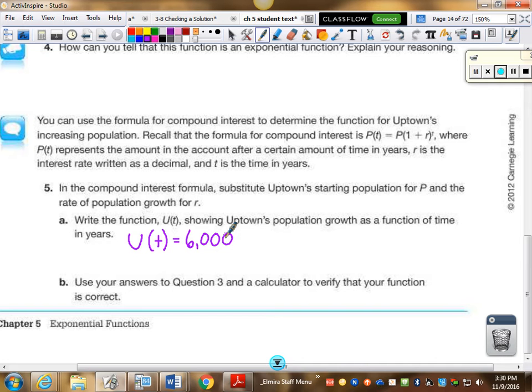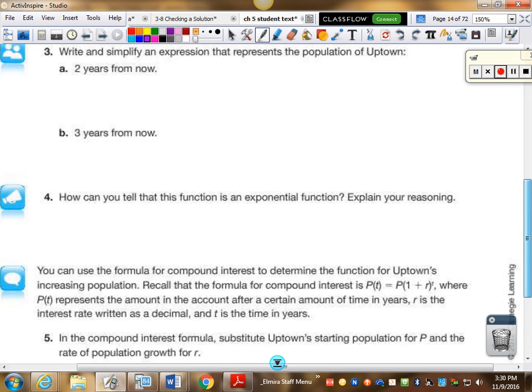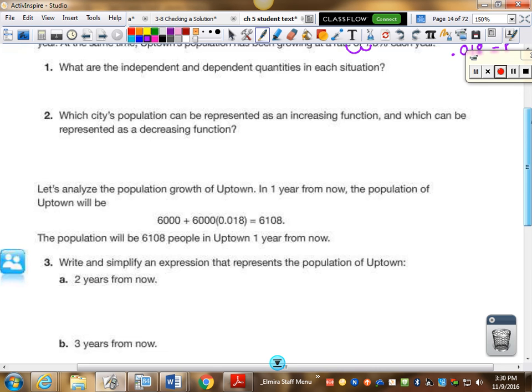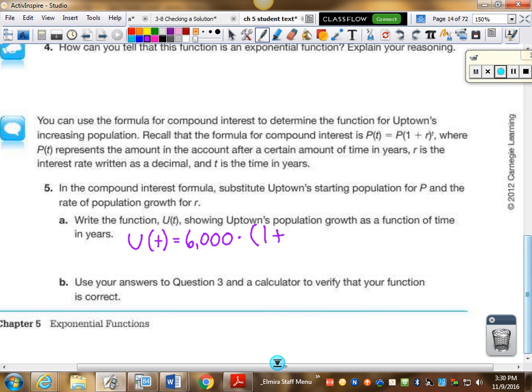We're using it for population. 6,000 times parenthesis 1, it's growth, so plus, and Uptown's population growth rate was, I got to go back and look at it, 0.018, to the t power. Then we'll simplify that. 6,000 times 1.018 to the t power.